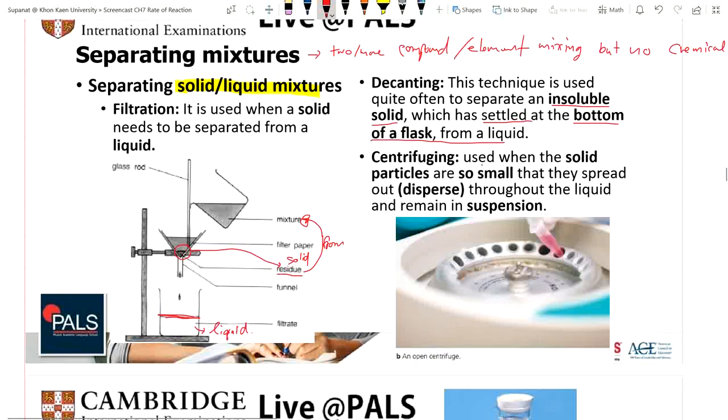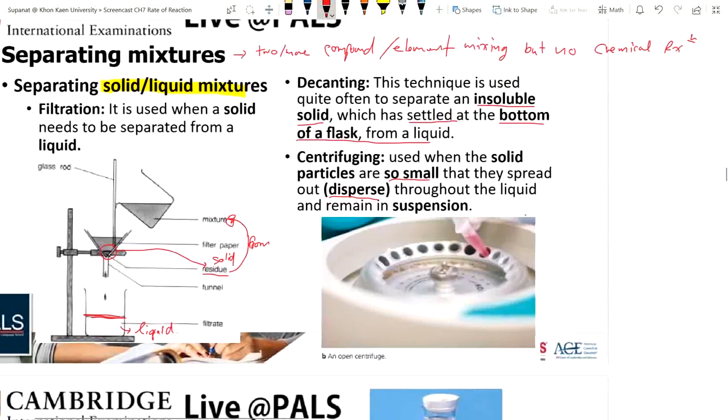Centrifuging is used when the solid particles are too small and spread out, which is called dispersed, throughout the liquid and remain in suspension. After we centrifuge, we get the solid here, and the suspension here. Okay, this is the solid.